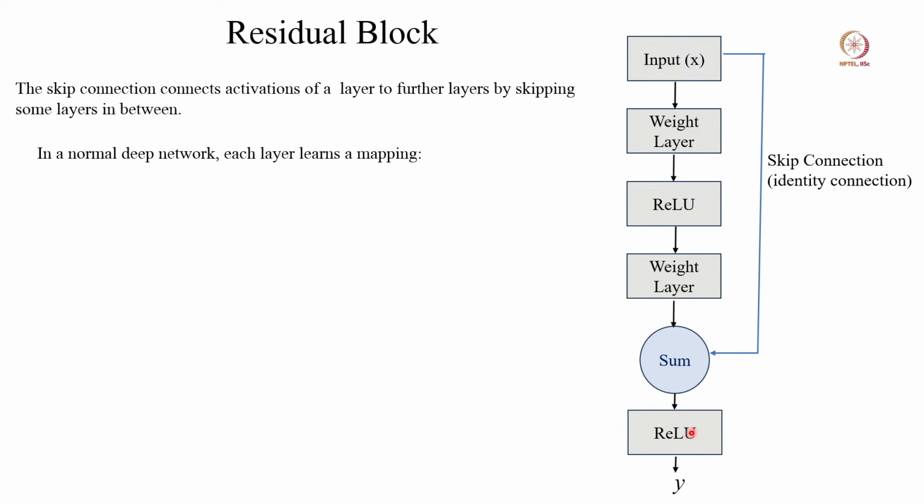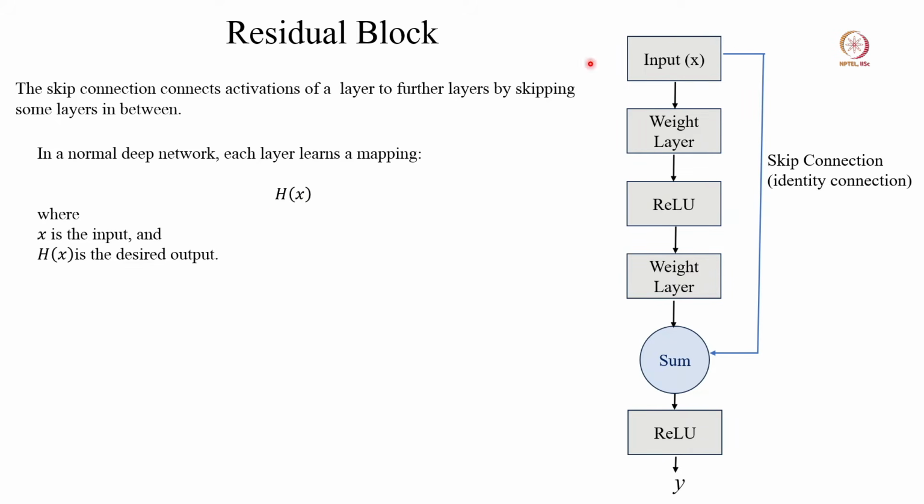Now, in a normal deep network, each layer learns a mapping. In a normal network, if x is the input, H(x) is the desired output.